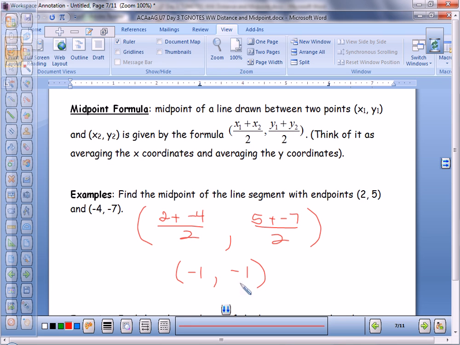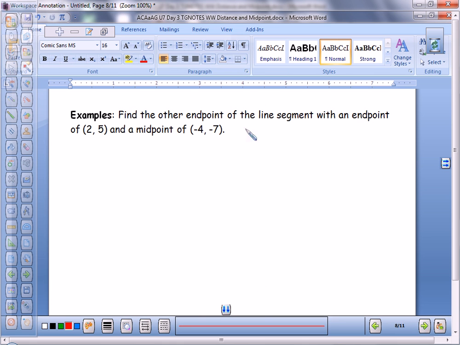All right, now this one's a little more interesting. The next one gave you one endpoint and a midpoint and asked you to find the other endpoint. So if I think about the formula, (x1 plus x2) divided by 2, (y1 plus y2) divided by 2.